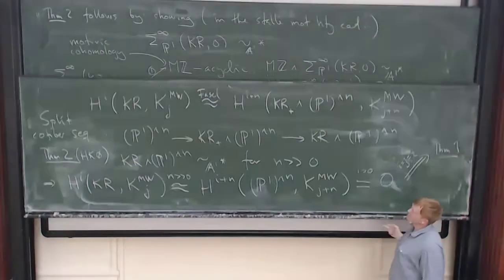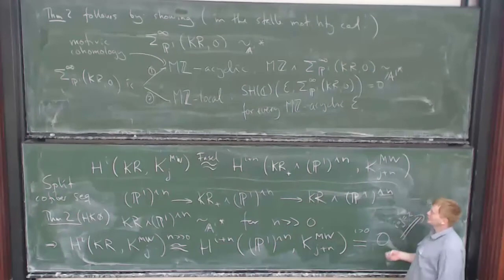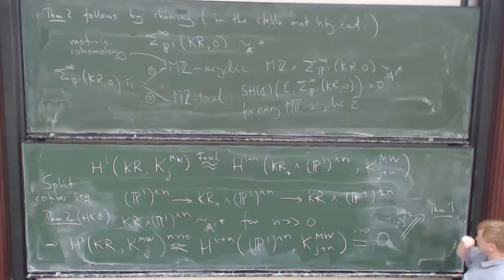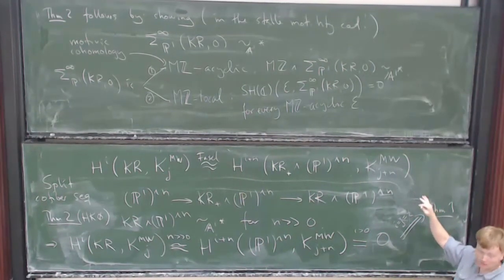One should notice here that since MC is a ring spectrum, all the modules over MC are actually MC local.